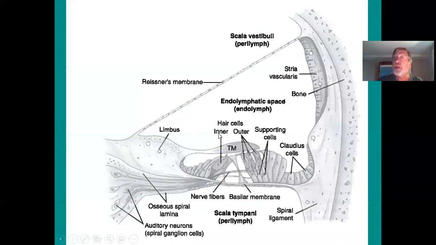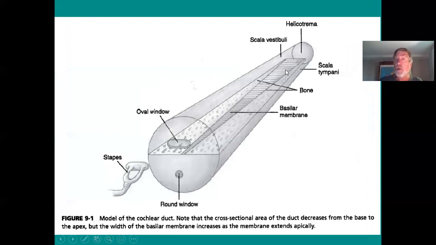The walls are going to give where they are least stiff and where there's a bigger area of the wall to be bent. So at the apex of the cochlea, Reissner's membrane is longest and the basilar membrane is longest. And that's why excess fluid is going to bulge the walls more at the apex of the cochlea than at the base of the cochlea.